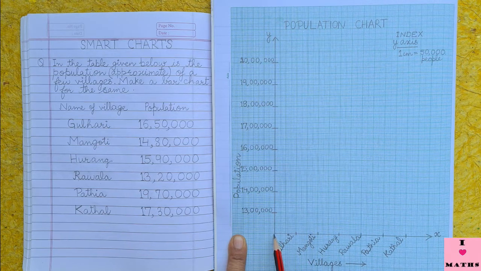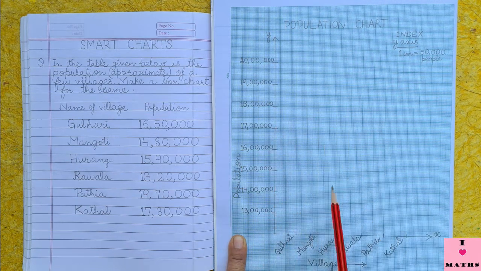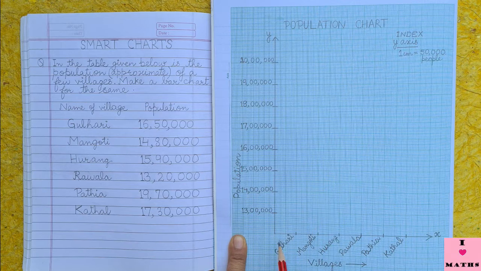This graph I am drawing on the graph paper. The names of the villages I have written on the x-axis, because there are different villages and we are going to study their population.